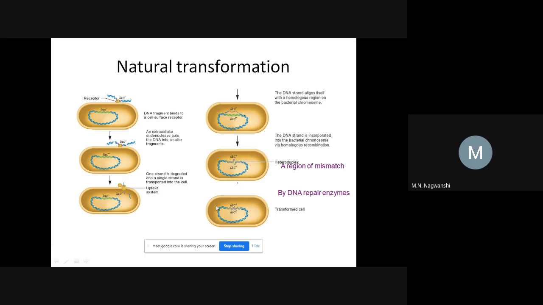So here you see the bacterial cell is transformed into another form of the bacteria. The basic chromosome structure is transformed. Therefore, we call this cell a transformed cell.